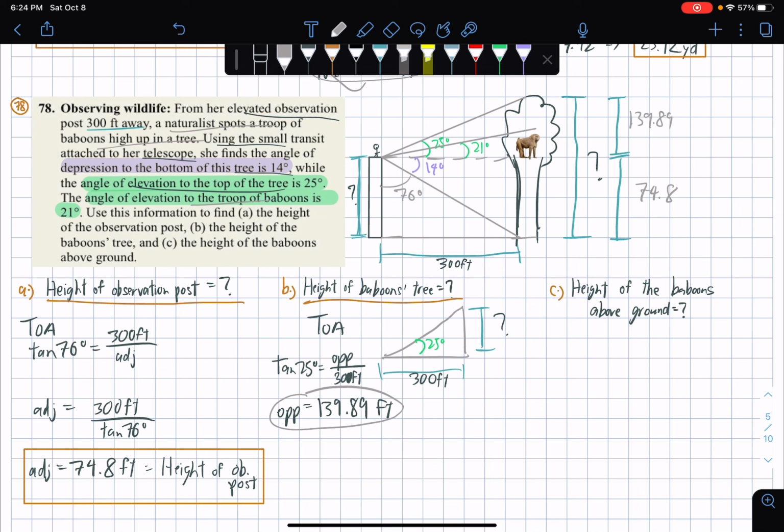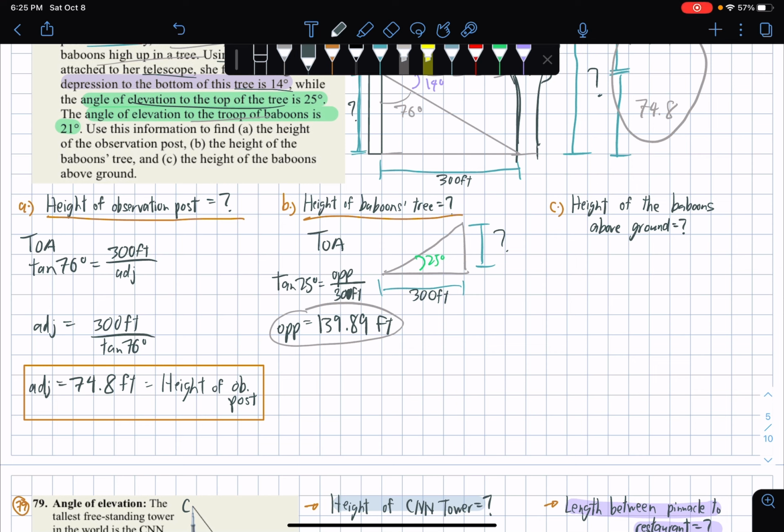I think it's pretty apparent that you just have to find the sum of those two values. So 139.89 plus 74.8, we get a value of 214.69 feet. That is the height of the baboon's tree.